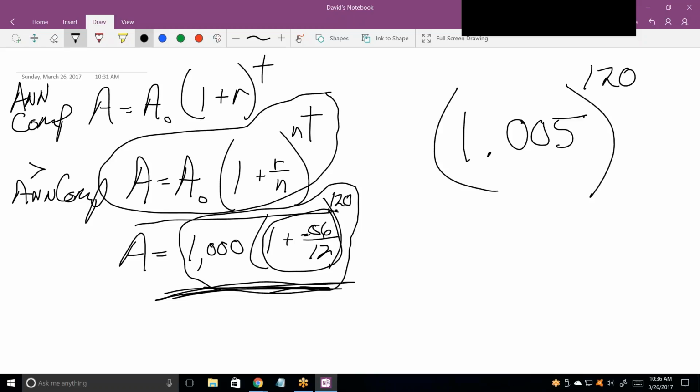Come up with a number. Yeah, I got that. What is that number? What is this number to the 120th power?